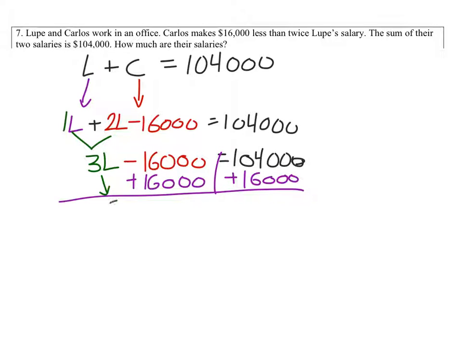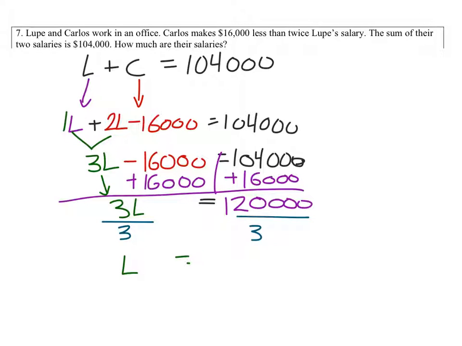And I'm left with my 3 L's equals $120,000. Well, to find Lupe's salary, I would divide both sides by 3. And then I would find that Lupe's salary equals 40 grand.